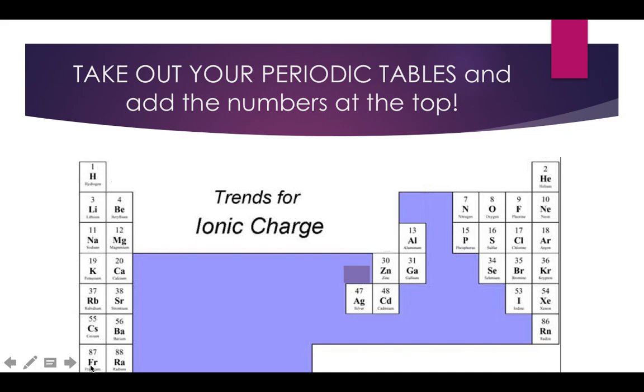So if we drew the Bohr-Rutherford diagram or the Lewis dot diagram, every single one of these would have 1 extra electron. What charge do they have? Well, when these things bond, they always give up that electron in order to become stable. If they have 1 extra electron, they're dying to give it up. And when they do give it up, since they lose an electron, they have a charge of +1.